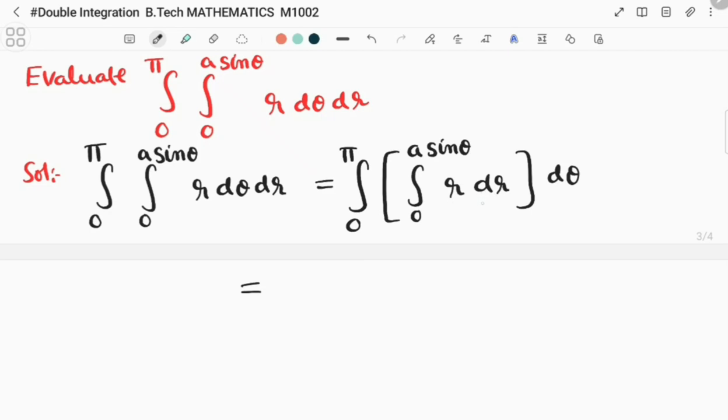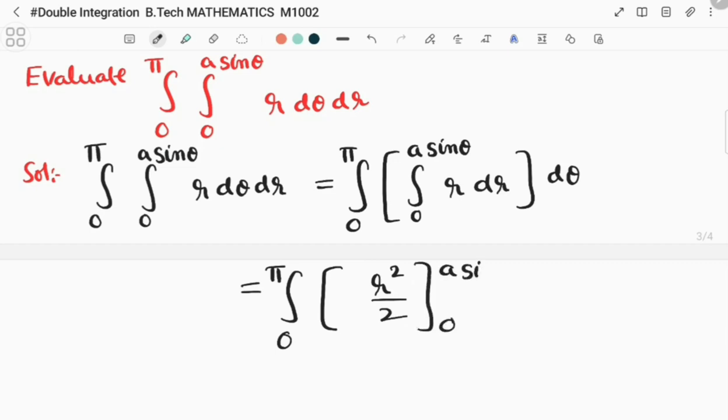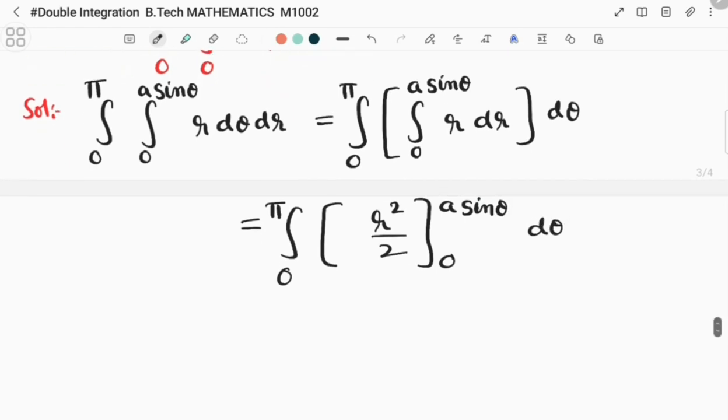Sin square theta is equal to 1 minus cos 2 theta divided by 2. We need to remember this. So in place of sin square theta, 1 minus cos 2 theta divided by 2 into d theta.